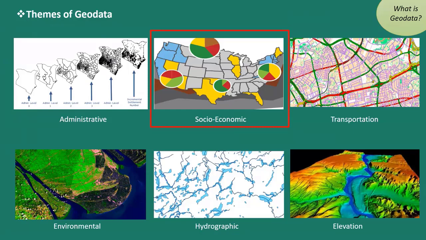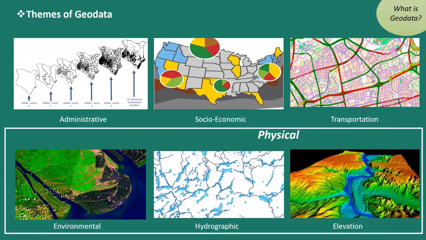For example, the percentage of male and female around a region or a country, or the sales of a group of stores belonging to a company, and stuff like that. Then we have transportation. Within transportation, we have the railway network, the road network, and also real-time traffic. This is actually also a new component within Azure Maps.